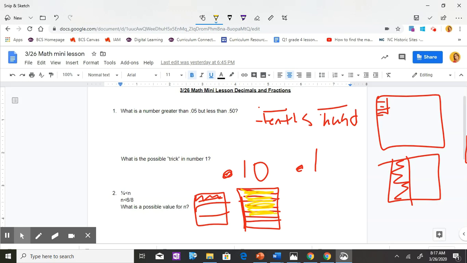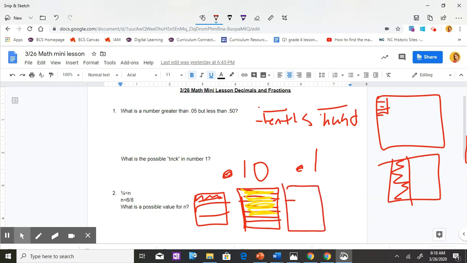There's my 6/8, and here is my 1/4. So any fraction in between those, it looks like I can't do 3/4 because that's equivalent. Could I do 2/4? Absolutely, I could do 2/4. That would be one in between that.